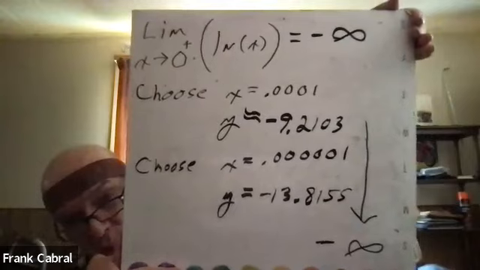Now I'm going to bring up something right now just as a comment. When you say the limit of a function as x approaches zero coming in from the right, in this case the natural log function, is equal to negative infinity, either negative infinity or positive infinity, that's not really a limit, okay?